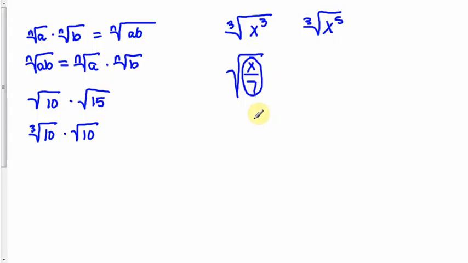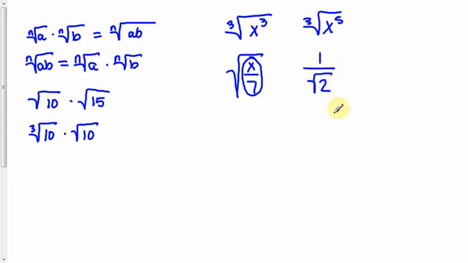Okay? So that's not considered simplified. And the last thing that is not considered simplified is if there are radicals in the denominator. Okay? So if I had 1 over the square root of 2, this is not in simplified form.